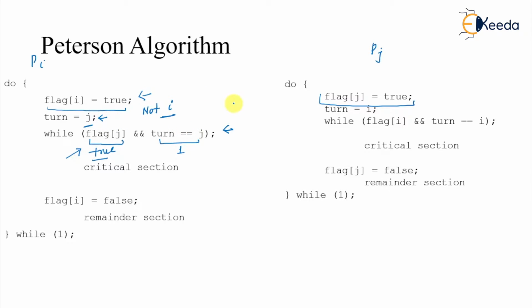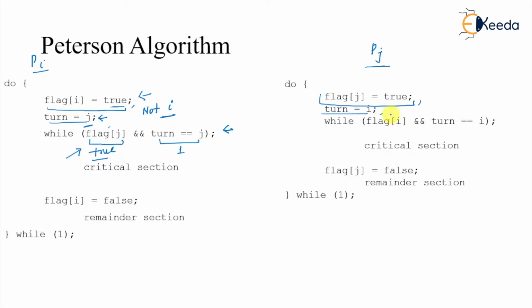Now what about the situation where turn is i or turn is j? Suppose both are willing to enter the critical section. I'm talking about mutual exclusion. Pi and pj both want to enter the critical section. So flag i true, interrupt, flag j true, interrupt, turn is j, interrupt, and turn is i, interrupt.